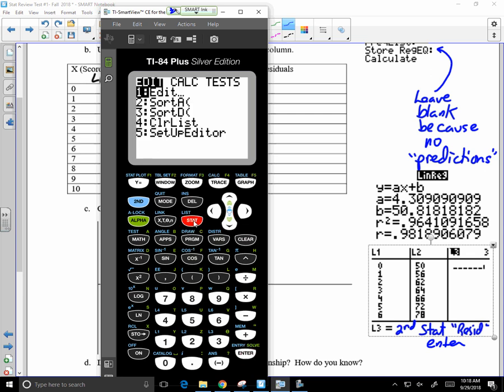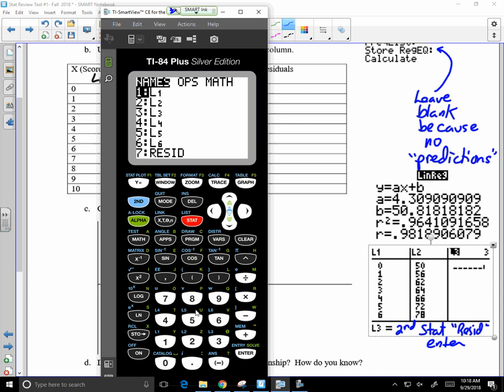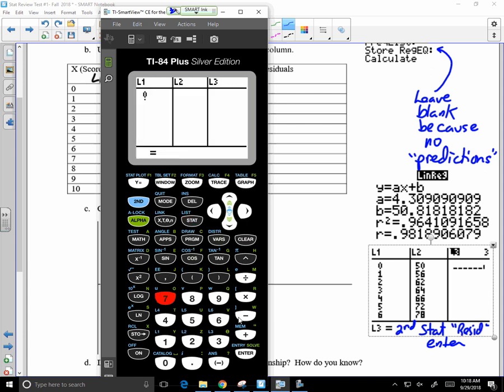Go into stat, edit. In L3, make sure, not in the first cell, make sure you go on to the L3. So highlight that L3. So up arrow to the column heading, hit enter. Second, stat, option 7, and then hit enter.